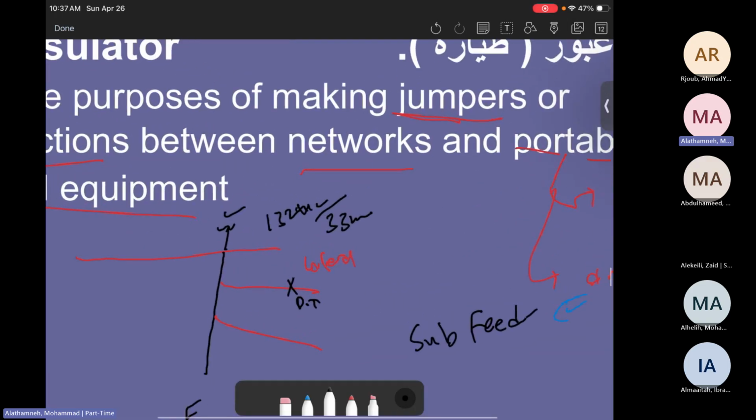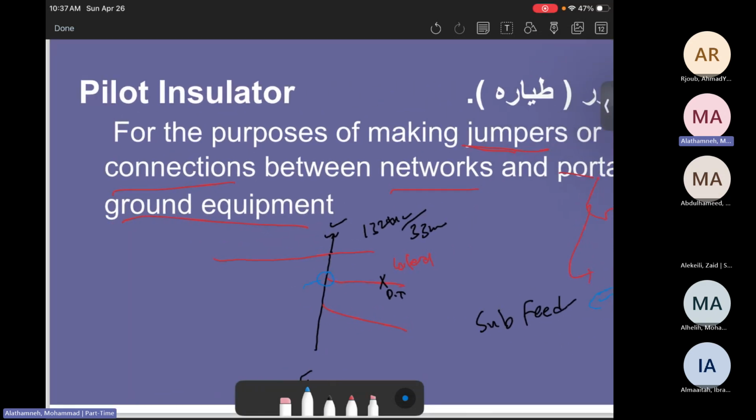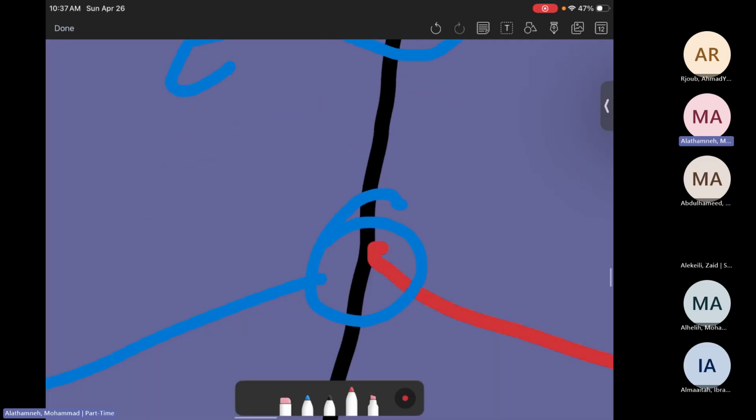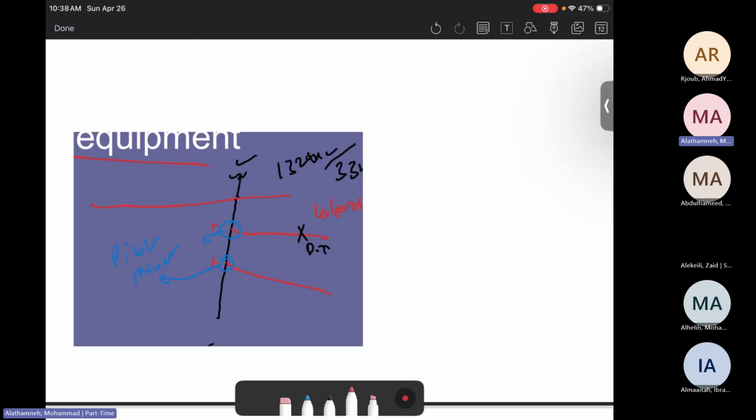When we make the lateral, you will see the pole here. The type of insulators that we will use is called pilot insulators. And the same thing here, because when you zoom in, there will be a T shape, and there is here as well a T shape. Whenever there is a T shape, pilot insulators will be used.